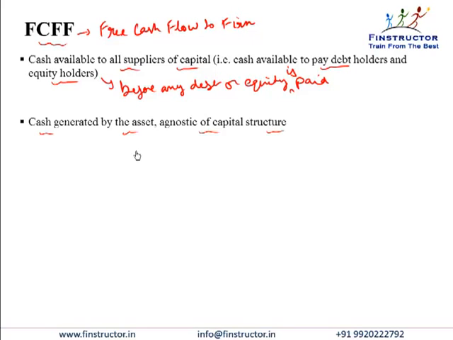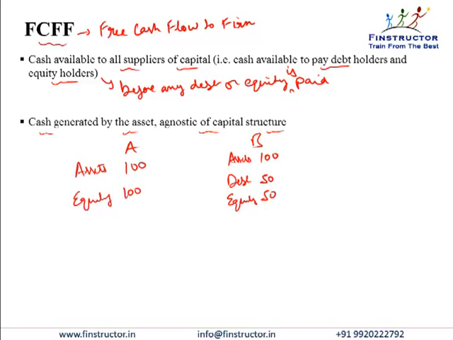Let's understand an example. So let's say there are two companies, company A and company B, in the same business. Both required $100 of assets to start the business. Company A chose to fund the business entirely through equity, whereas Company B took debt of $50 and put $50 of equity to start off the company.